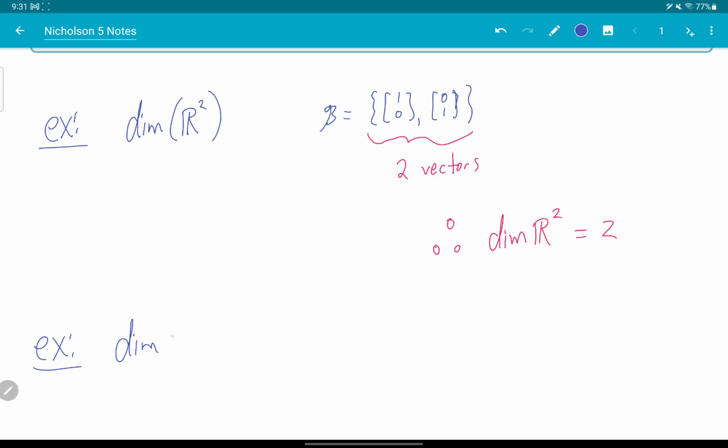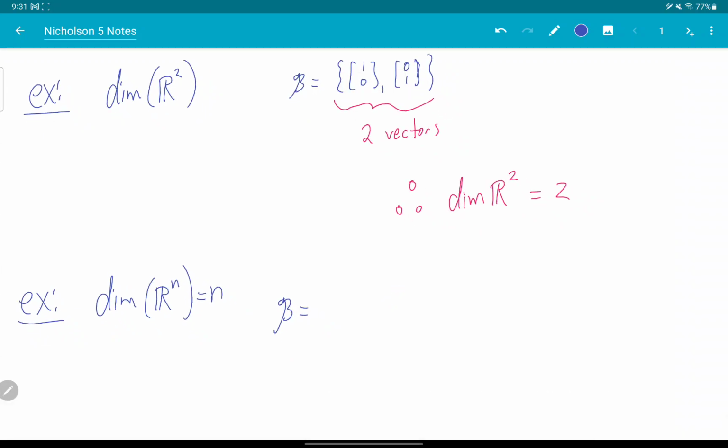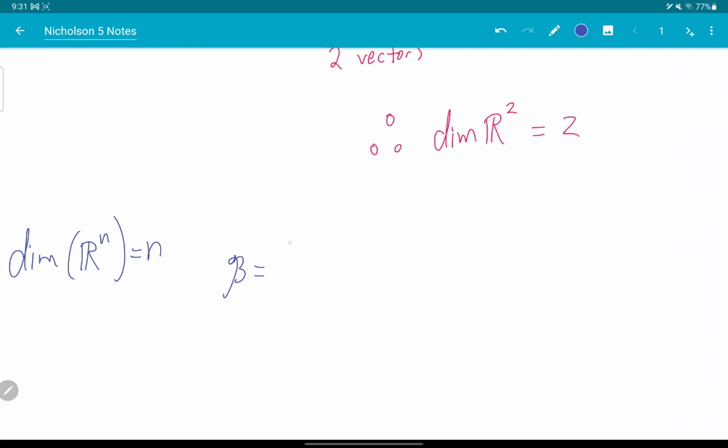What about dim Rn? Well, for Rn, you have a more complicated basis. You can probably guess that this is going to be n, but to see it in more detail, we can look at a basis. We do what's called the standard basis. We do (1, 0, 0, ..., 0), the next one will be (0, 1, 0), then the rest are zeros.